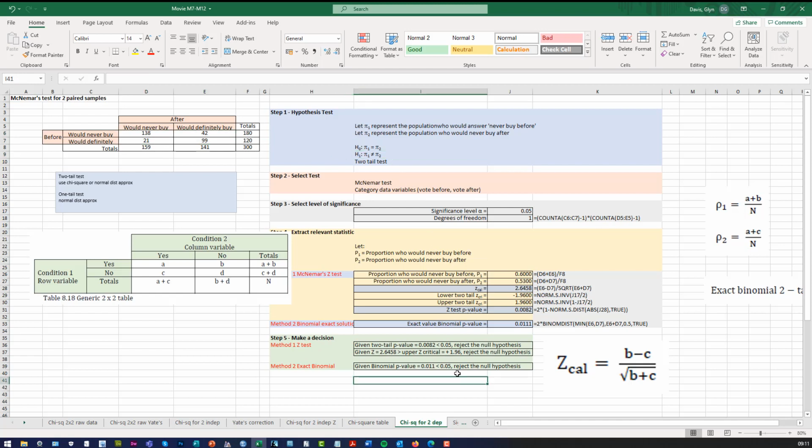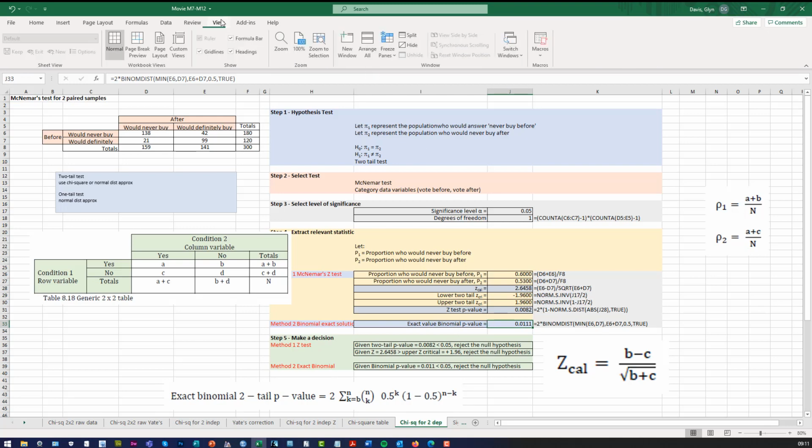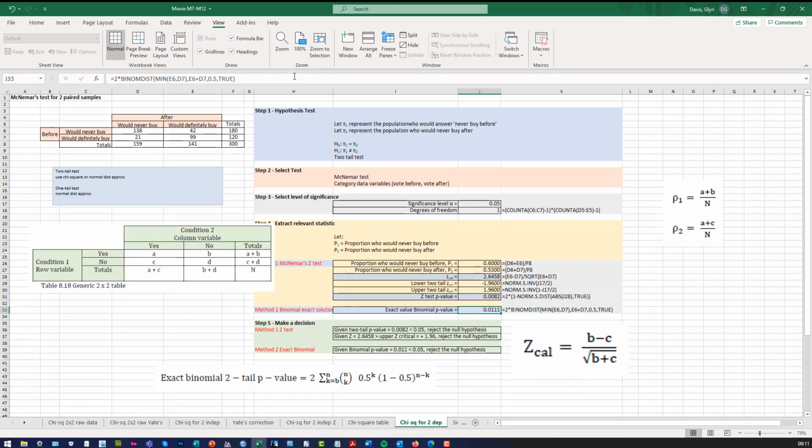Now you can use an exact binomial p-value method, as we explained there. I'll just increase the size of what's on the screen. Let's make it 75%, a bit bigger. Okay, let's go to 100%.